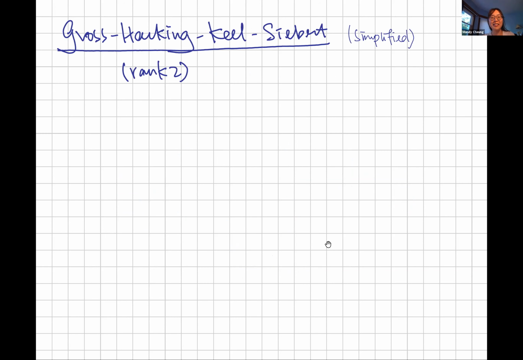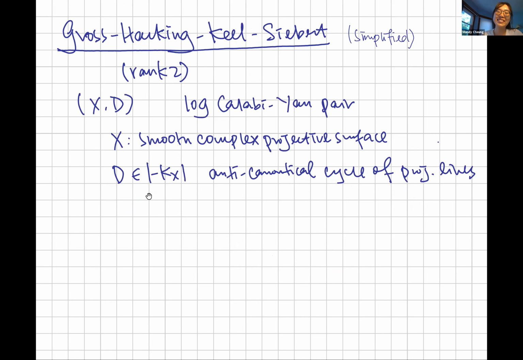This is a very simplified description of the Gross-Hacking-Keel-Siebert mirror construction. You can see I even emphasize simplified, in which we start with a local pair, whereas in Julia's talk it is a smooth, compact, projective surface.